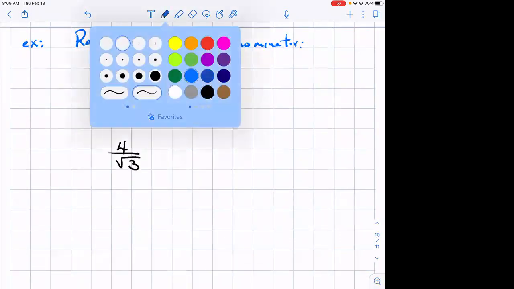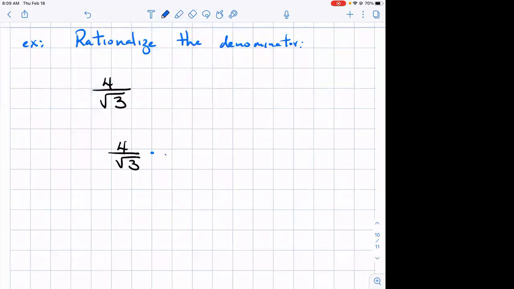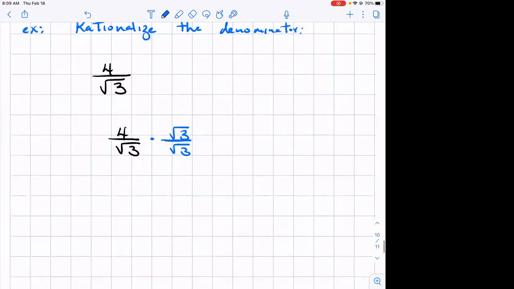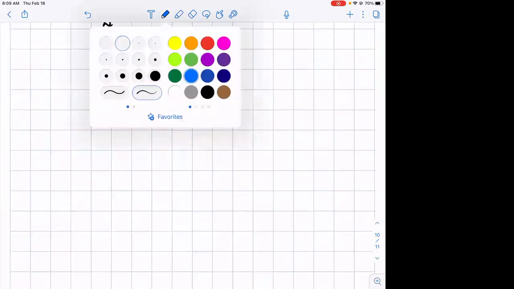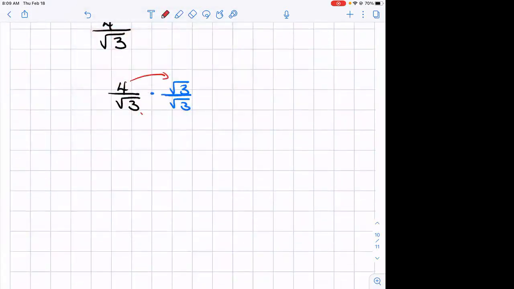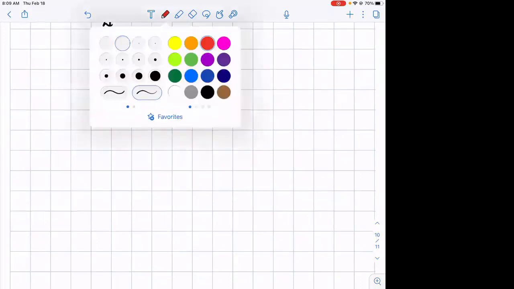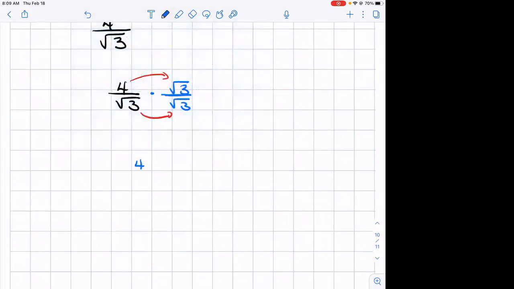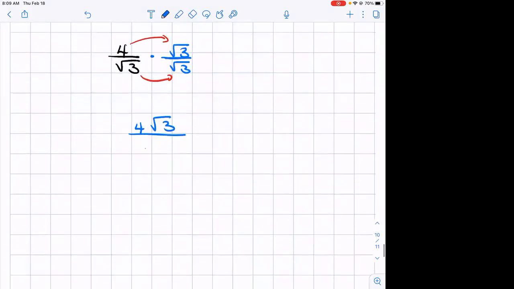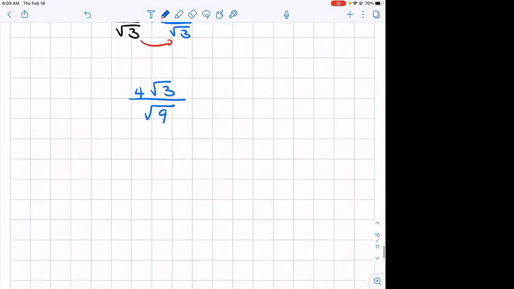I'm going to multiply this by square root of 3 over square root of 3. If you multiply the top and you multiply the bottom, this becomes 4 root 3 over the square root of 9. Root 3 times root 3 is root 9.